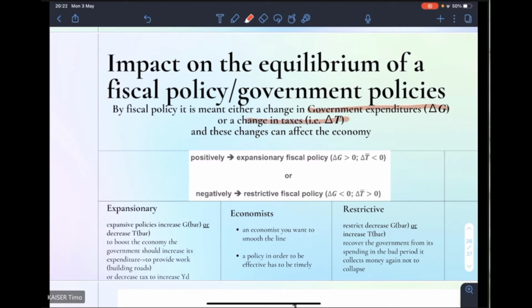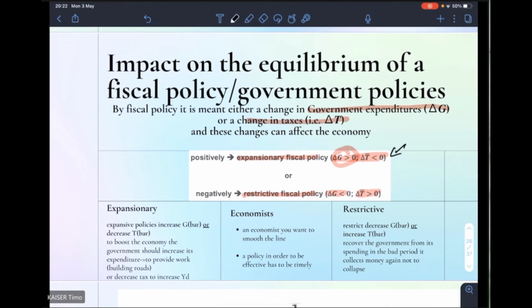And the government can either do an expansionary policy, which would result in an increase in government expenditure, or a decrease in taxes. Or it can do a restrictive fiscal policy, which would be a decrease in governmental expenditures and an increase in taxes.